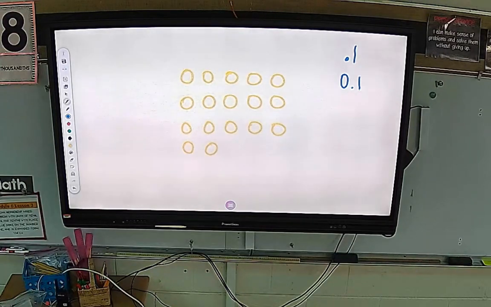Okay, because each one of these, I know that says 0.1, but what's the other name for that? 1/10. It's right after the decimal, isn't it? So this is 1/10. It has two names. Okay. It takes 10 of them. It takes 10 tenths. We know that to make one whole.